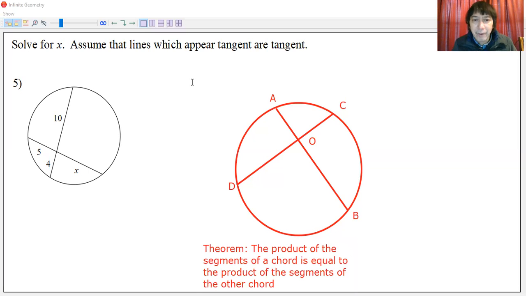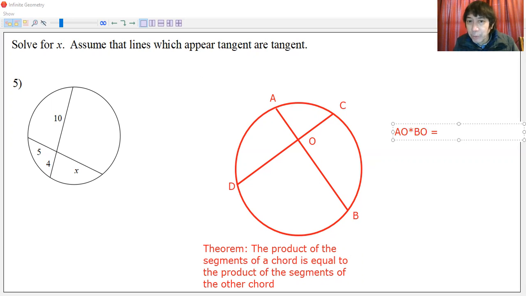So the theorem: the product of the segments of a chord is equal to the product of the segments of the other chord. If we choose the chord AB, then we have AO times BO. That will be the segments of chord AB.